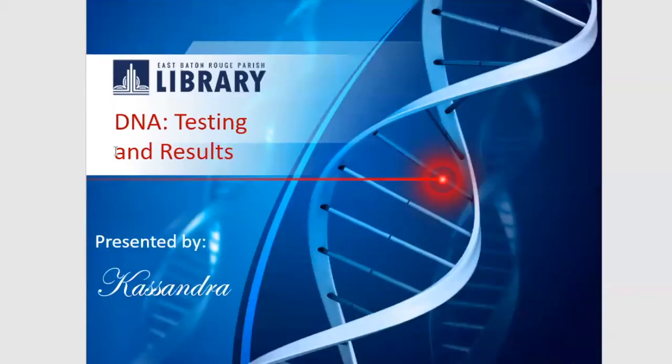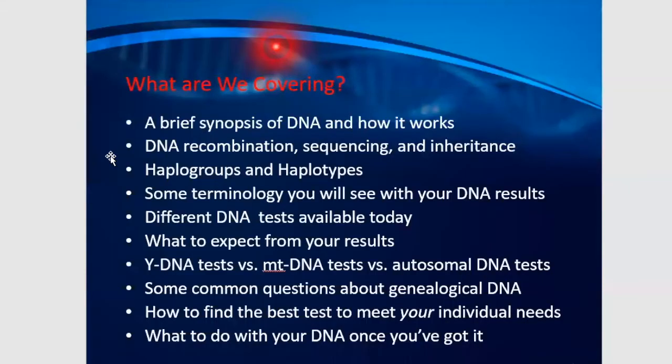This class is DNA testing and results, as I said. So what we're going to cover today is a brief synopsis of DNA and how it works. We're going to go quickly into DNA recombination, sequencing, and inheritance. We're going to briefly cover haplogroups and haplotypes, some terminology that you will see with your DNA results and the different tests that are available today, what to expect from those results.